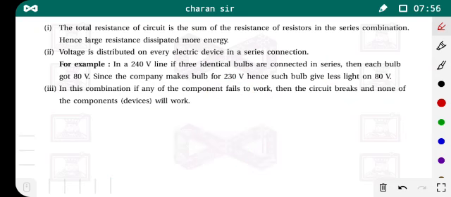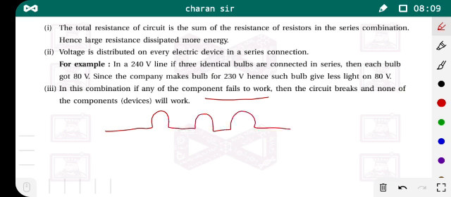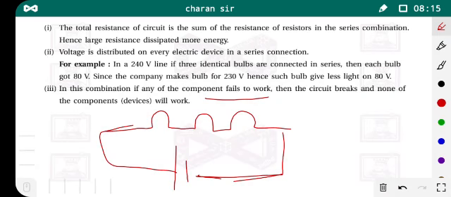Now the third one: in this combination, if any of the components fails to work, then the circuit breaks and none of the components will work. Suppose we consider the same example. We connected three bulbs in series and we apply the potential difference or voltage across that combination. Suppose this bulb is broken or damaged.